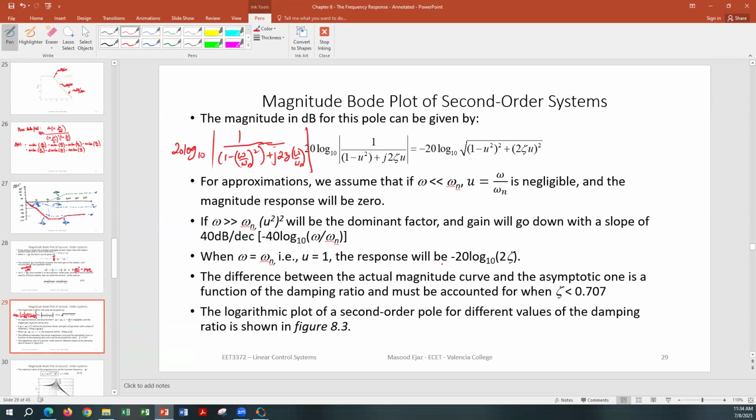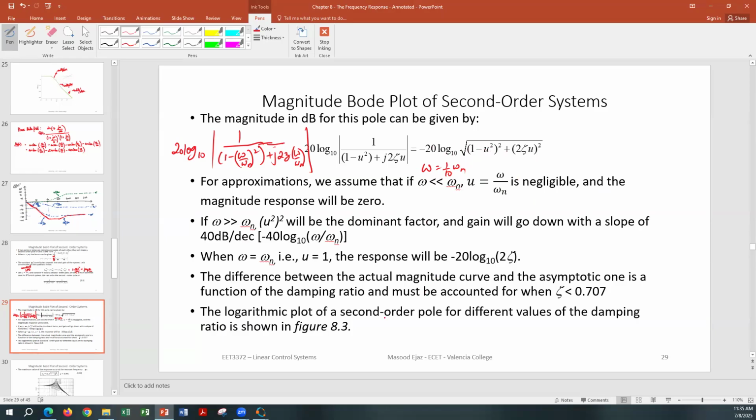Then omega over omega n is very small, approximately 0, and u will be approximately 0. So it's going to become 1 squared plus 1 squared basically. So it's going to be 0 until that point. So magnitude response is going to be 0 until that point for the second order system.